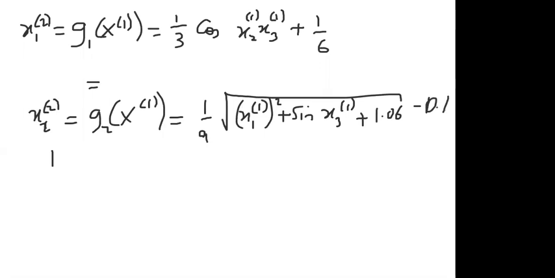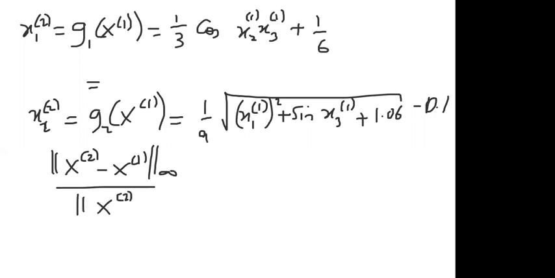After finding this, we need to find the L infinity norm of X2 minus X1 divided by the L infinity norm of X2. We'll be able to see that again, this value will be greater than 10 to the power negative 5.